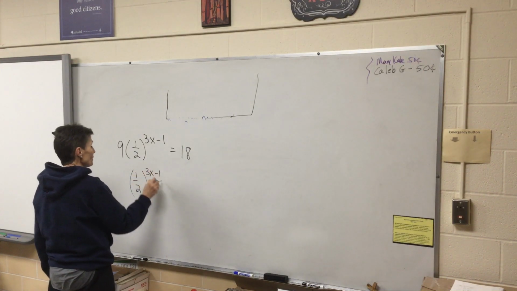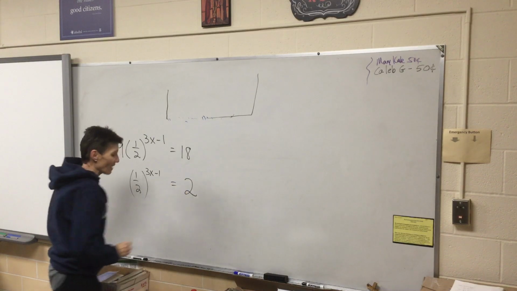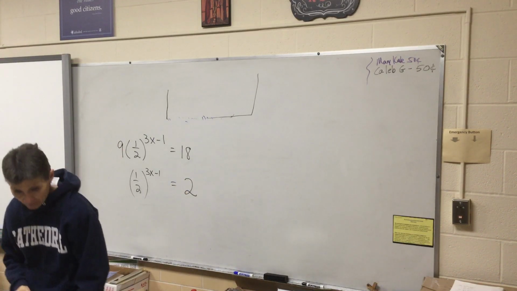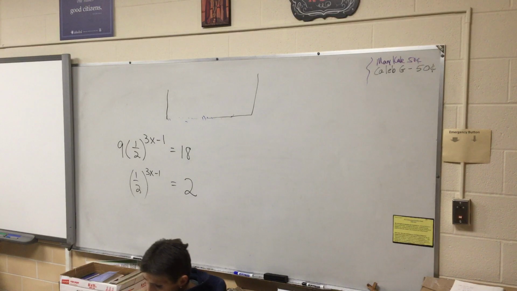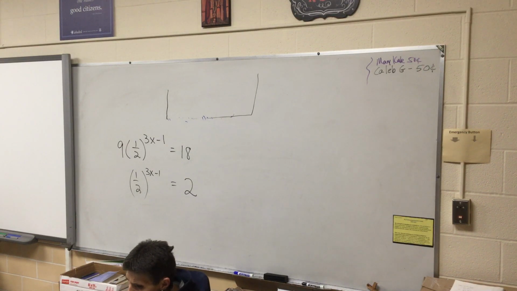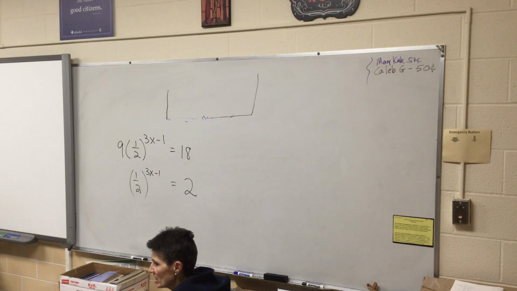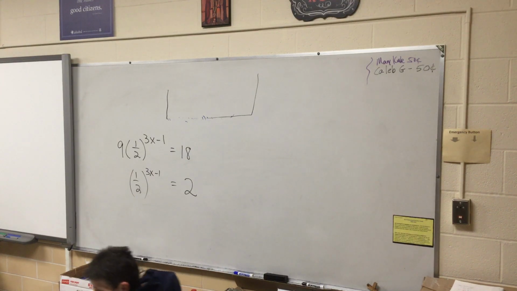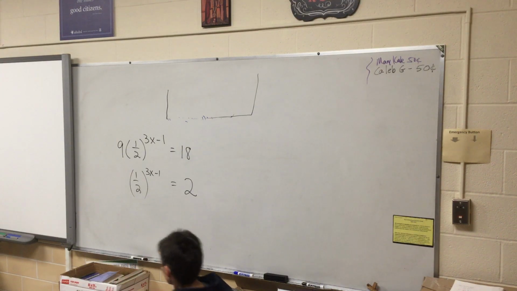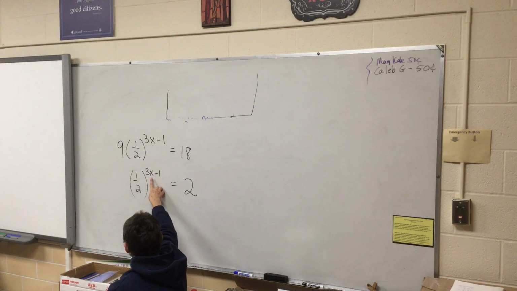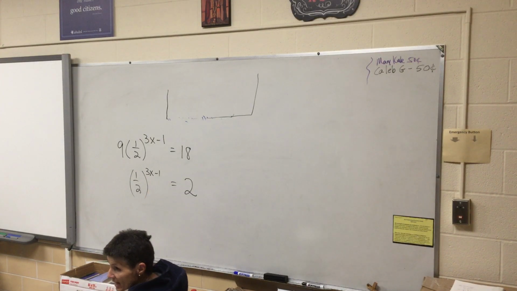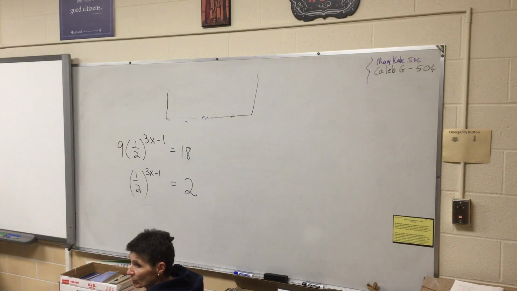Now, if we're doing this without a calculator, which we are, because it says so in the directions, we're not going to be able to use logarithms. We're not going to be able to take the log of both sides, which is what I would do normally because the variable is up there where the exponent is, and that's when I use logarithms.